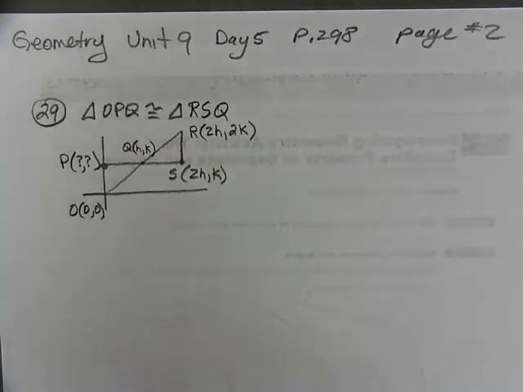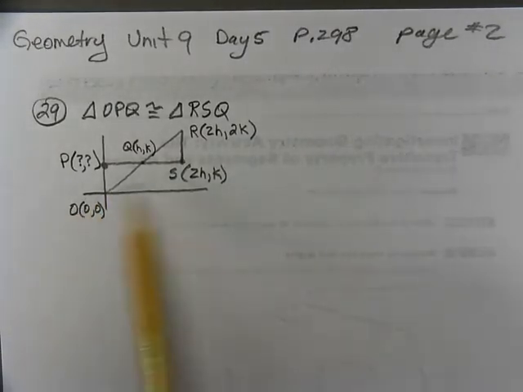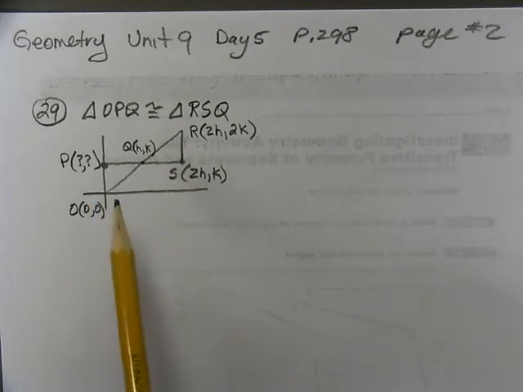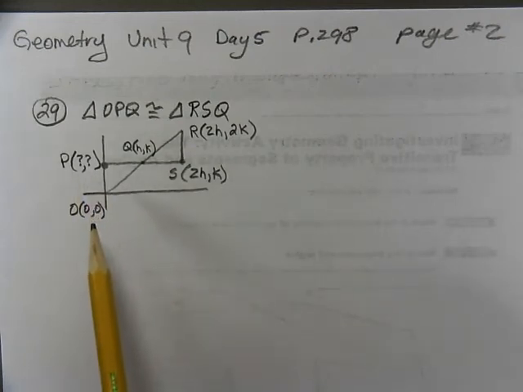For number 29, we know these two triangles are supposed to be congruent. We have coordinates for several of the intersections, but we're looking for the coordinate of P. So we've got to problem solve a little bit what that would be.